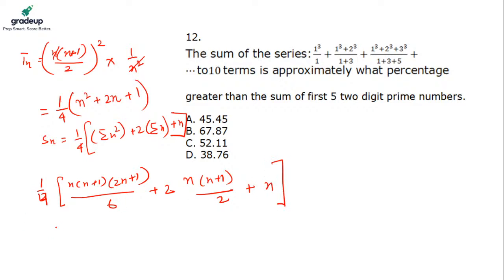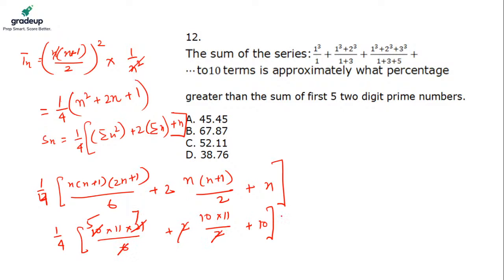Putting in 10, I will get 1 upon 4 times 10 into 11 into 21 divided by 6 plus 2 times 10 into 11 divided by 2 plus 10, which gives me, okay, 5 into 7, here the 2 cancels with 2.